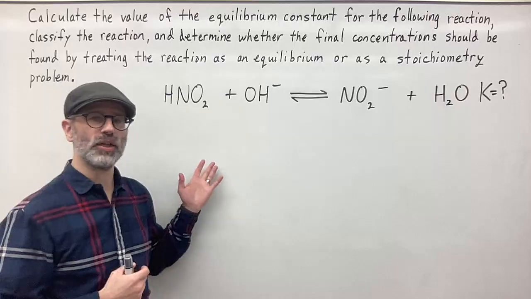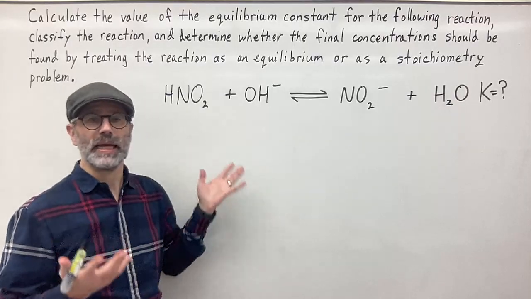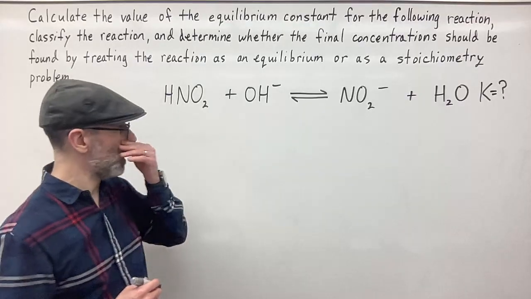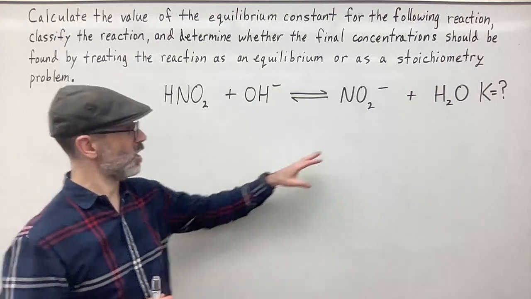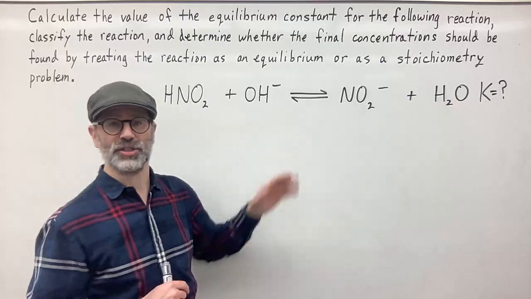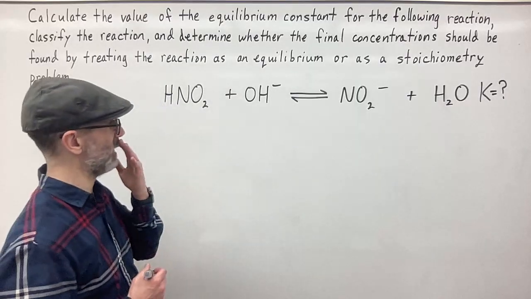We can't look this up right away. We're not going to look this up in a table anywhere. So what we need to do is see what we can find here and then use our equilibrium constant relationships with the reaction to help us determine that K value.